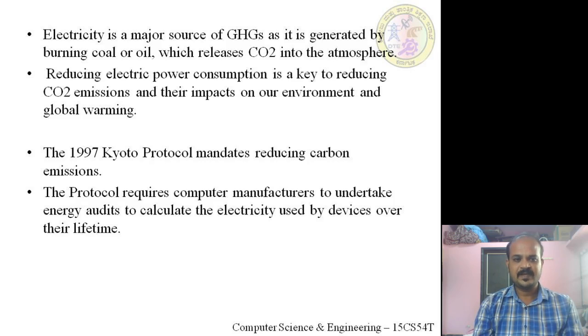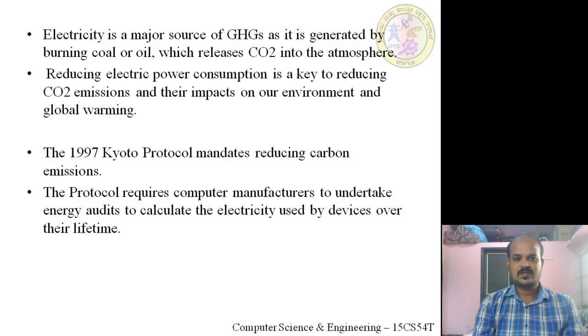Okay, next, if you want to reduce the carbon dioxide emissions into the atmosphere, then automatically you have to reduce the usage of electric power, because that is the main reason for the increase in carbon dioxide. Okay, so that's what is written, that reducing electric power consumption is a key to reducing carbon dioxide emissions and their impacts on our environment and global warming.